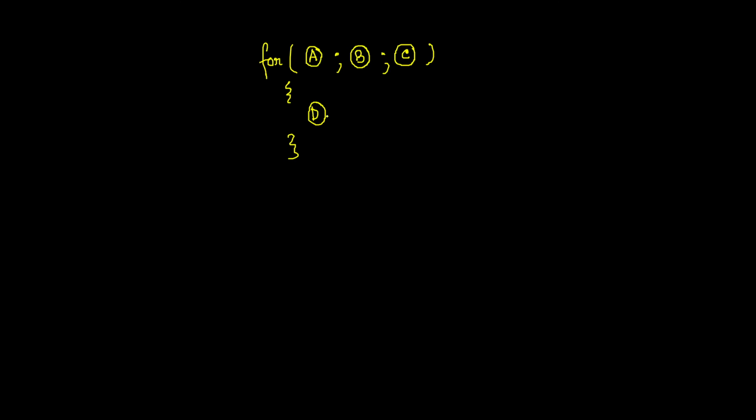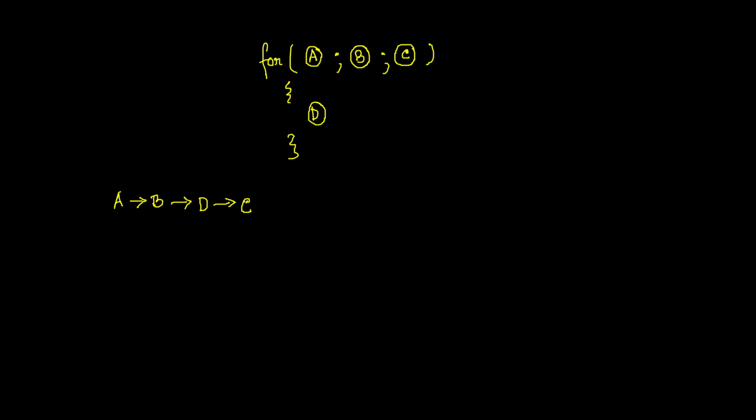So the order of ABCD followed in a for loop is A, then B. If this is true, then D, and then C.